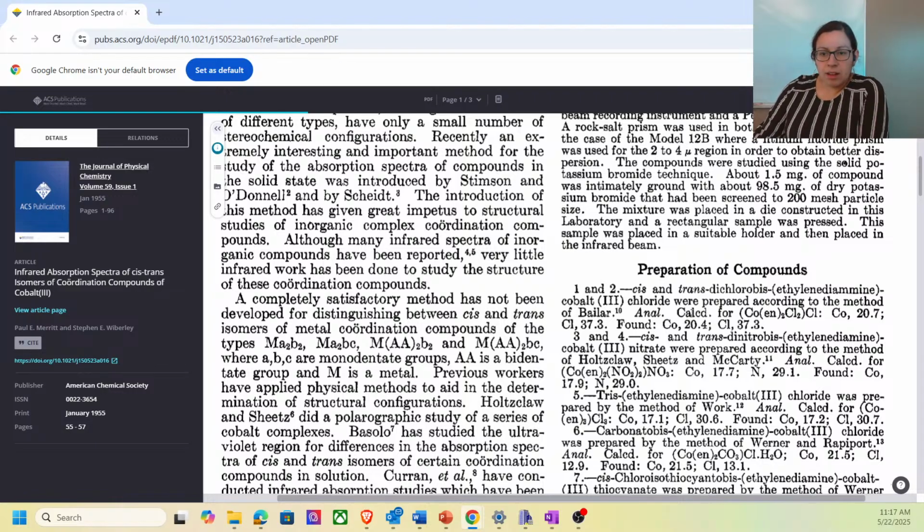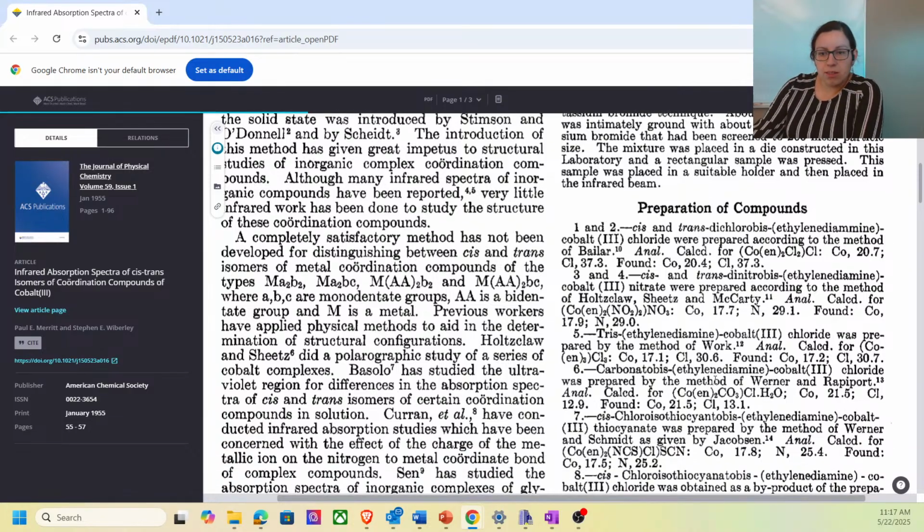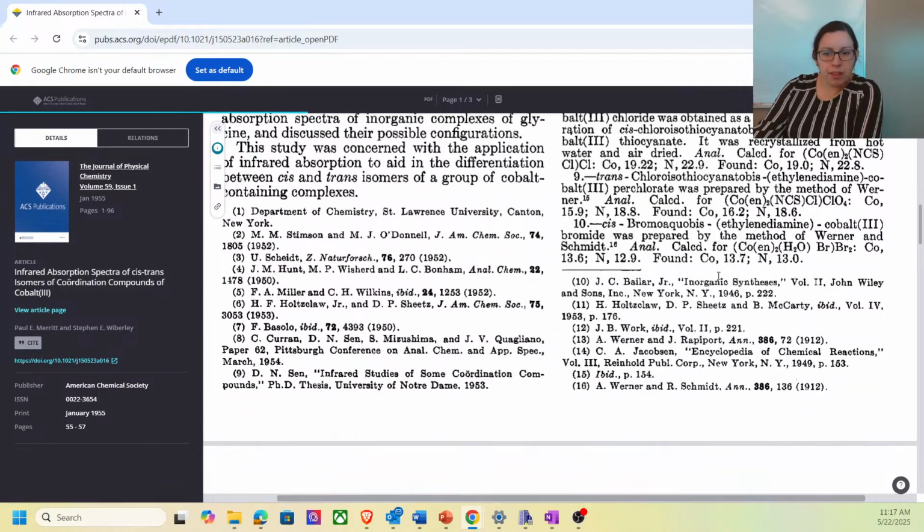And then this calculated analysis has to do with elemental analysis. We talked about elemental analysis briefly in first quarter, but this is just reminding you why that's important. It's reported in a text, and so that's a good technique to verify that you made something.